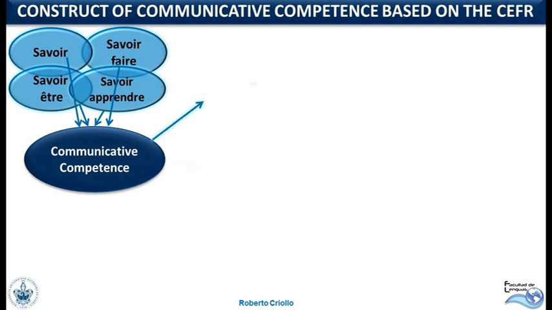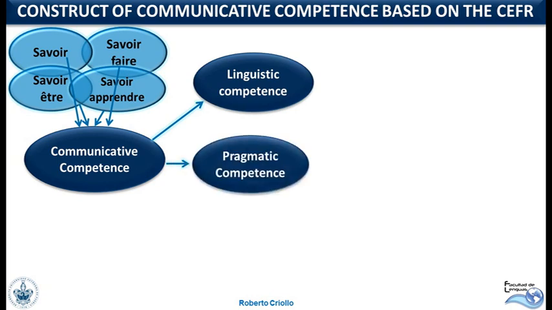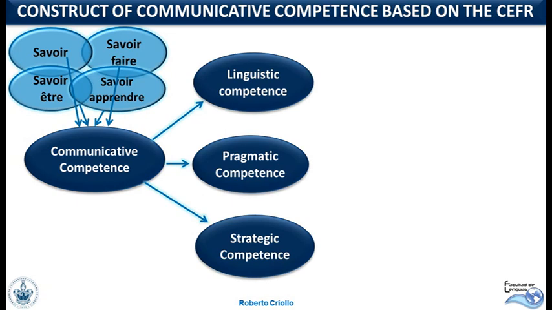First of all, for example, we have linguistic competence, and then obviously pragmatic competence, and finally strategic competence. So we know that if we want to be communicatively competent, we need to have linguistic competence, pragmatic competence, and strategic competence. But these competences are also divided because they are still very complex into other minor components.